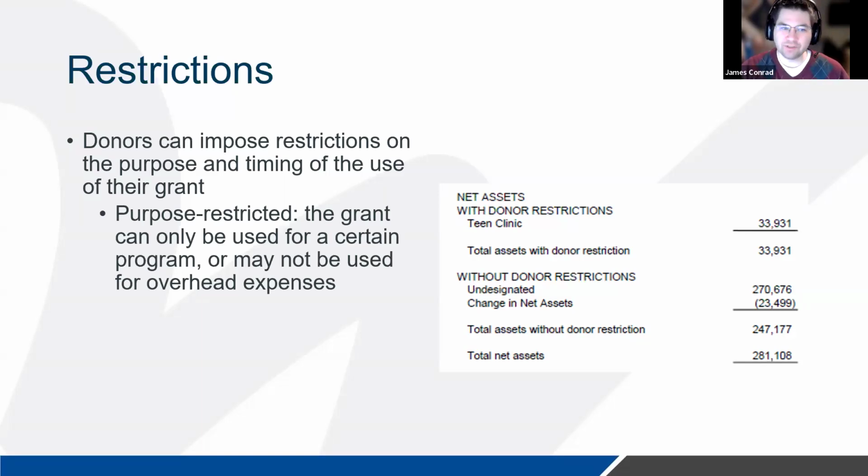We have purpose restrictions. The grant can only be used for a certain program. It may not be used for admin. These are the examples I generally use. You have a program, you want to raise money specifically for that program. You will tell people this money will only be used in this program.